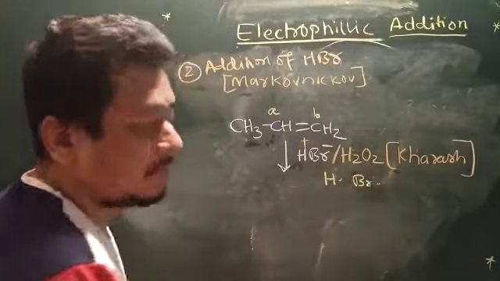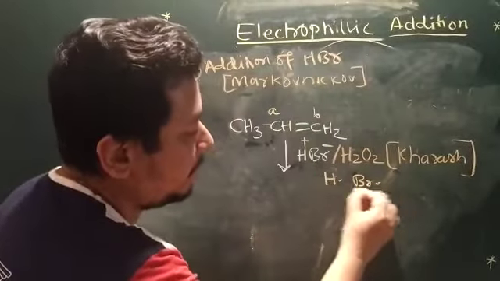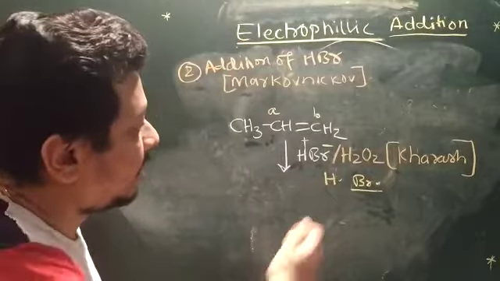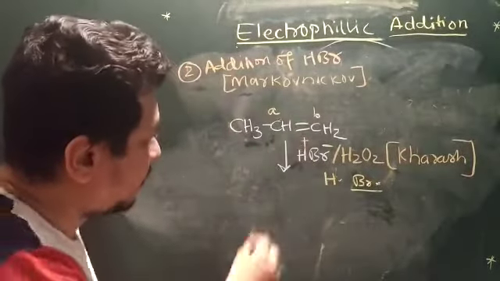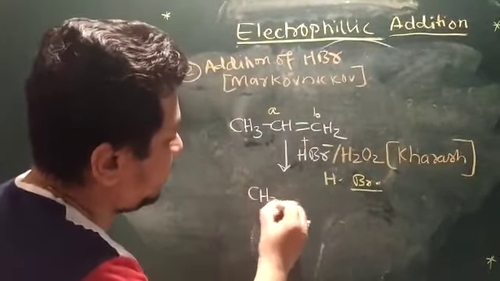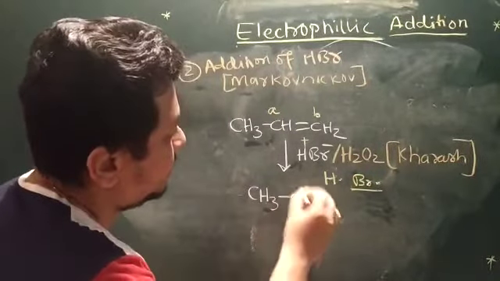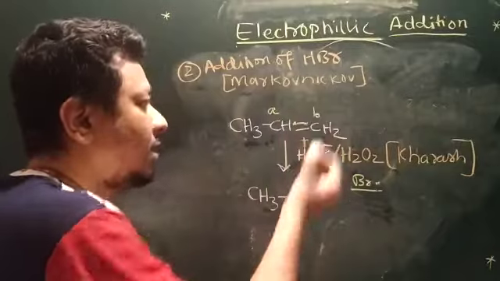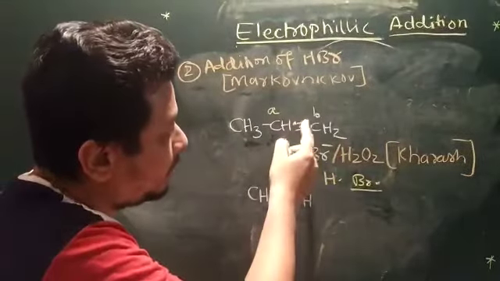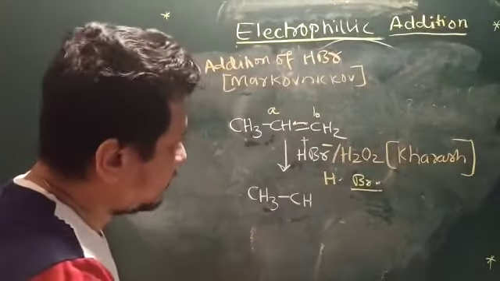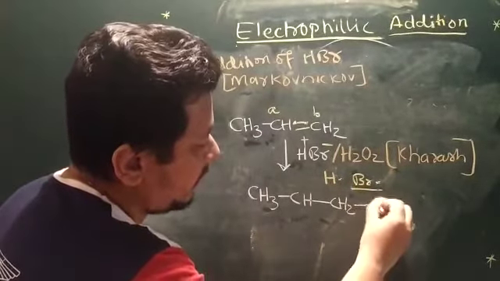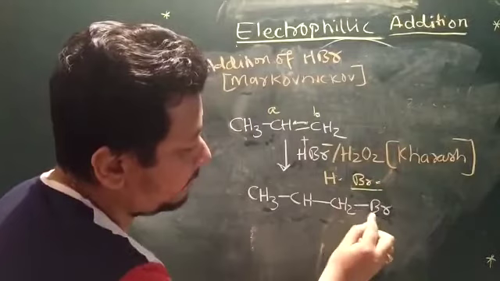The Br will react first and break the bond. If you see CH3 CH, this bond also has 2 electrons, one from each carbon. So Br will take 1 electron from CH2 and form a bond.